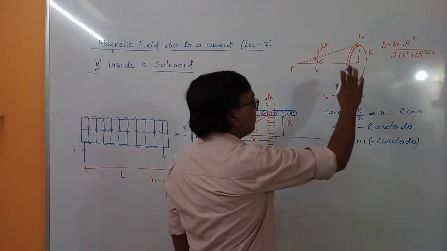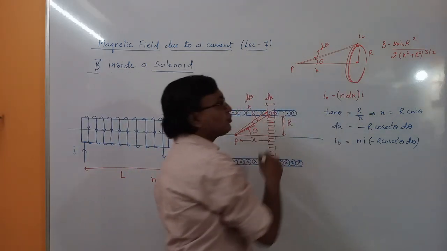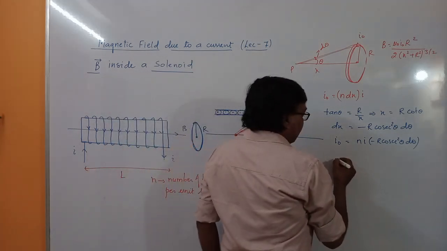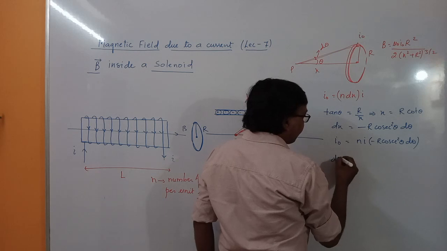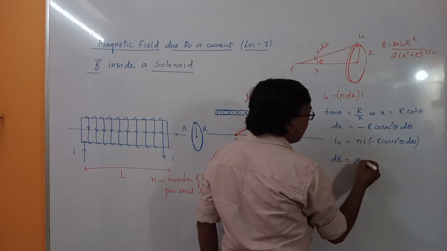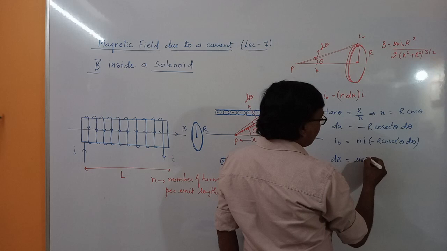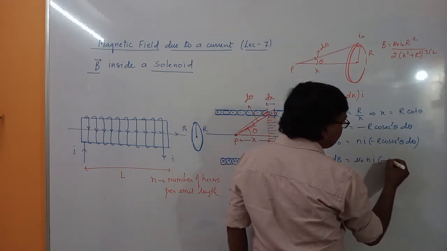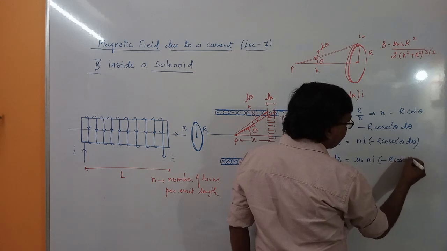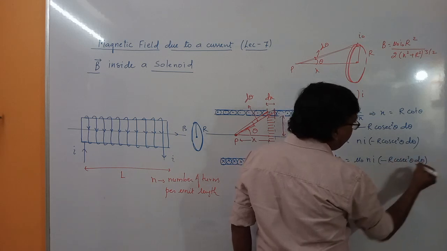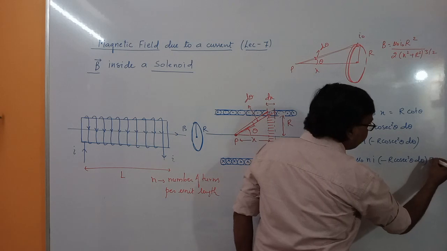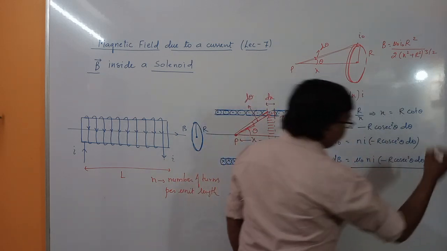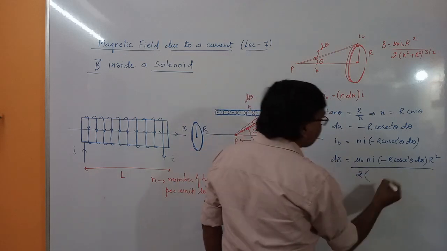Now find the small magnetic field due to this element. Let us say that field is dB. So dB is equal to mu naught I naught, where I naught is n I times minus r cosec square theta d theta, into r square, divided by 2 into x square plus r square, the whole power 3 by 2.